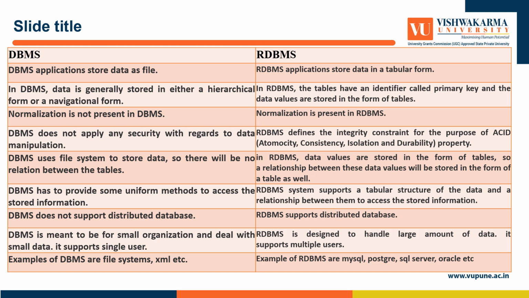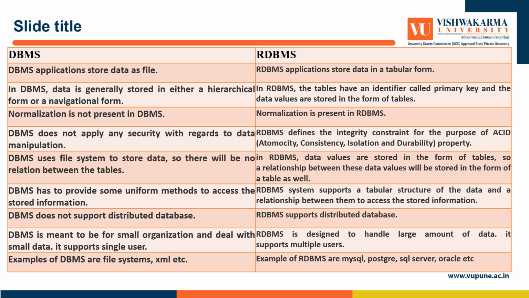Normalization is not present in DBMS, and vice versa, normalization is present in RDBMS. DBMS does not apply any security with regard to data manipulation. RDBMS defines the integrity constraints for the purpose of ACID properties, that is atomicity, consistency, isolation, durability.